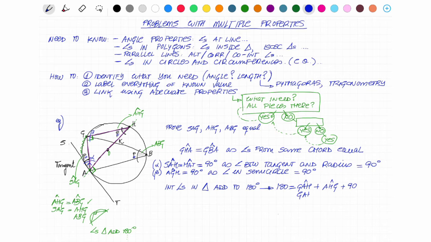That leaves me with GHA plus AHG being equal to 90. I just took this 90 and passed it subtracting here.